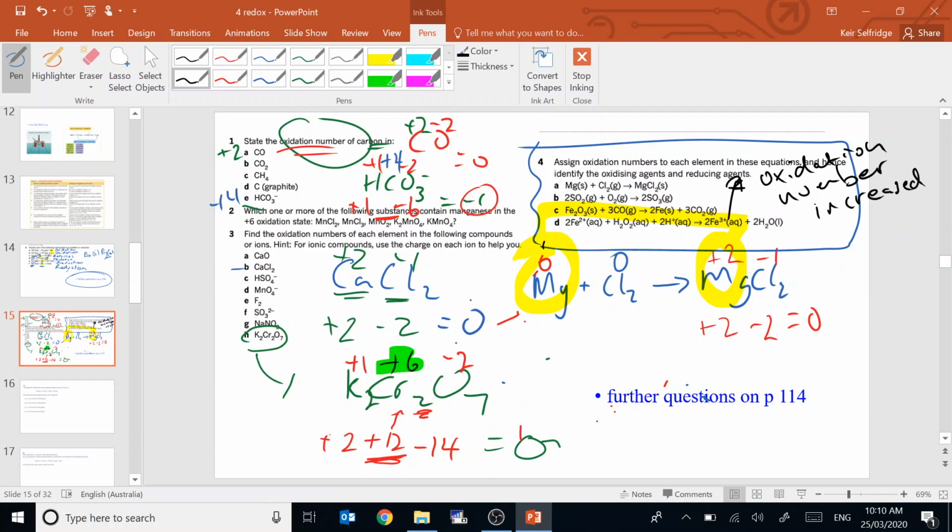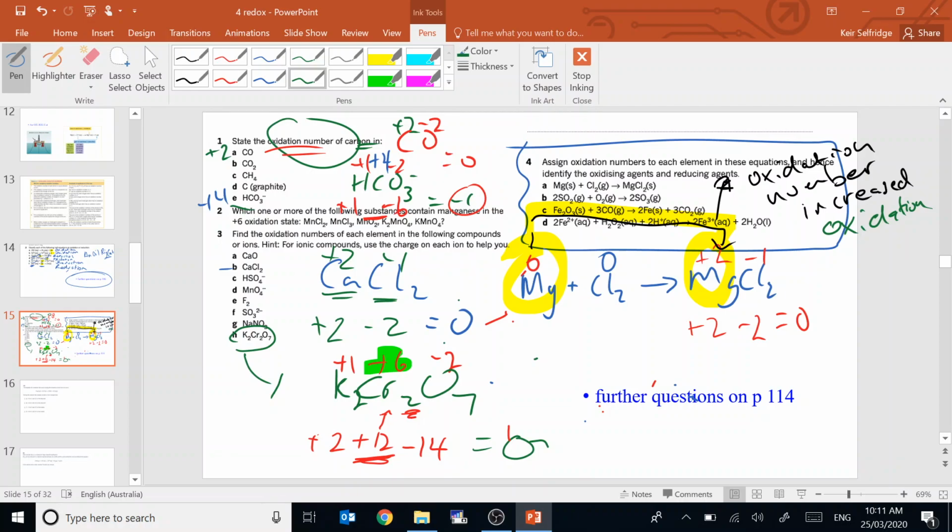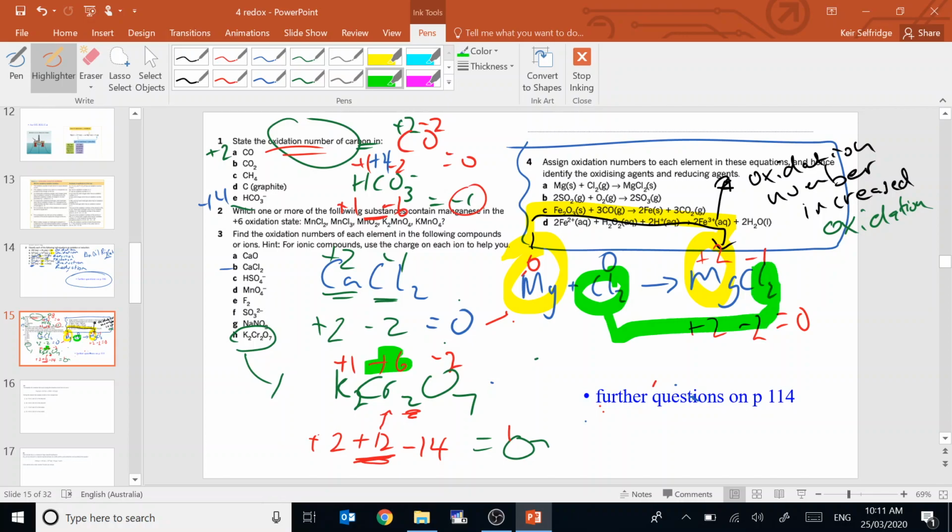That means that magnesium has oxidized. That is oxidation. If we look at the other one, the chlorine to chloride, it went from 0 to -1. Given it's gone from 0 to -1, that means it's gone down. It's been reduced. So it's reduction.